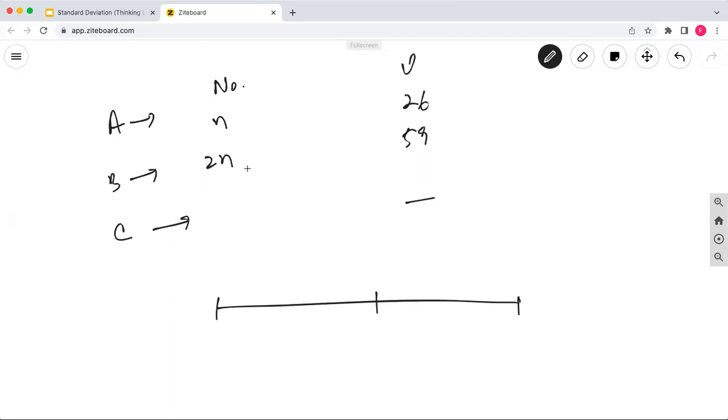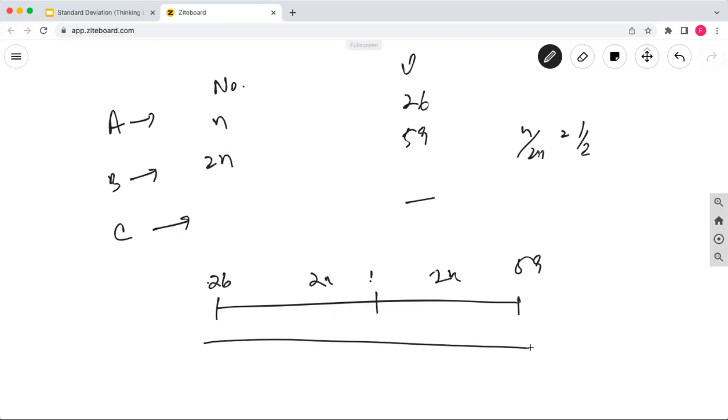Now if you want to find the combined variance, that will be just the weighted average of these two. I'm using the scale method which we already discussed in the last lecture. This is 26, this is 59, and the ratio of n to 2n is 1:2. So this will be 1, this will be 2, total 3x, and 59 minus 26 is equal to 33.